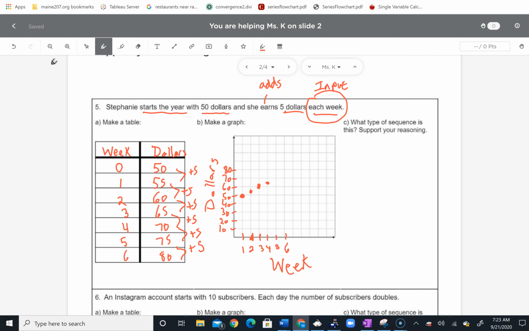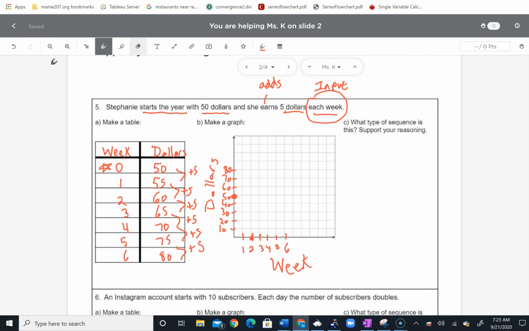I think I need to fix this up a little bit. Sorry, let's see, at 3, we should be at 65. Let's see, you know what? Let me fix this all over again. It's 0, 50. I started in the wrong place, so sorry.